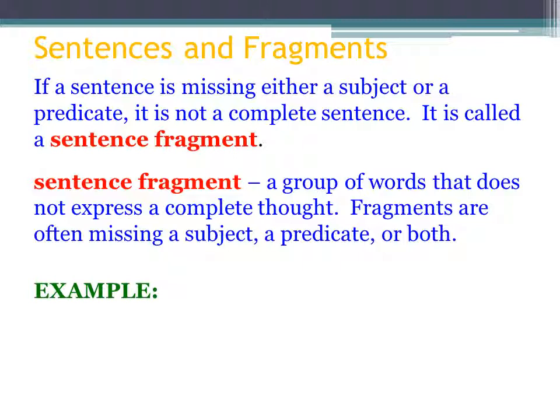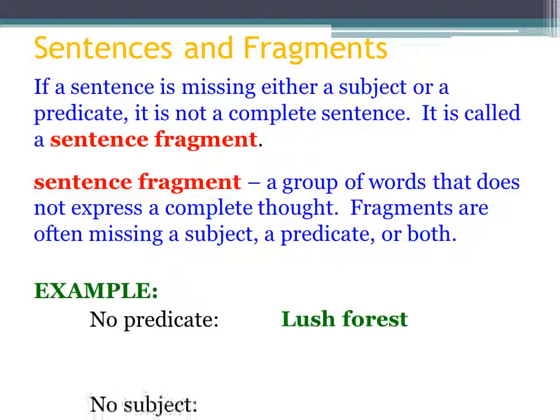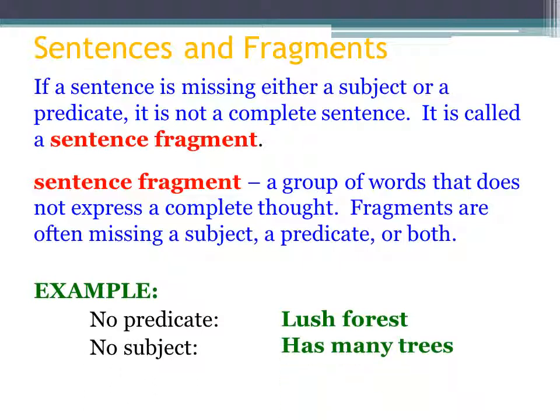Example time. If we wanted to look at a sentence that did not have a predicate, we could look at the sentence lush forest. Now this isn't a sentence because it doesn't tell us what the lush forest does. It doesn't tell us anything about the lush forest. If we want to see something without a subject, we might look at something like this. Has many trees. Again, this isn't a sentence because it doesn't tell us what has many trees.